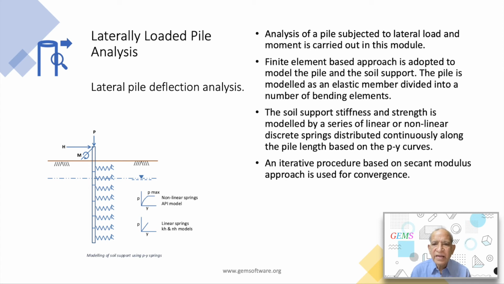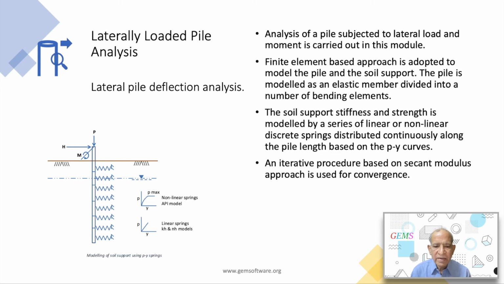In soft clay layer, API nonlinear model and a bilinear model based on horizontal subgrade reaction Ks equal to NH into Z. In stiff clay layer, API nonlinear model, Rees nonlinear model, and a bilinear model based on horizontal subgrade reaction KH are available.